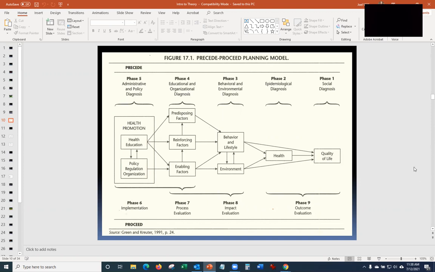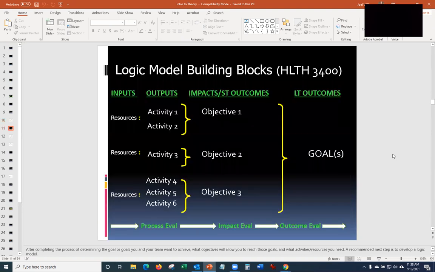So this is an example of a planning model, which is used to take you step by step through planning, implementing, and evaluating programs and interventions. We won't go too deep into that. That's really more Health 3400 kind of stuff, but it's important for you to understand that now.